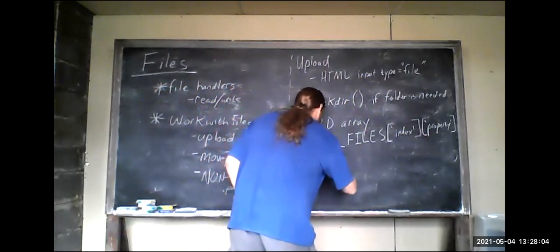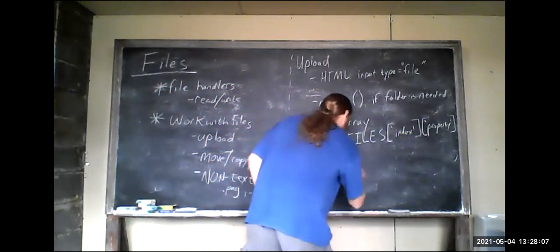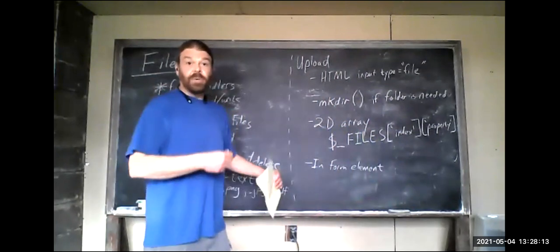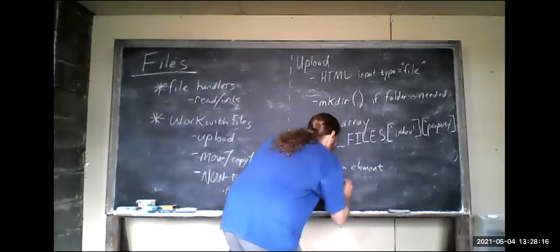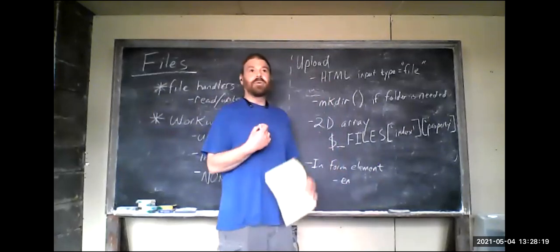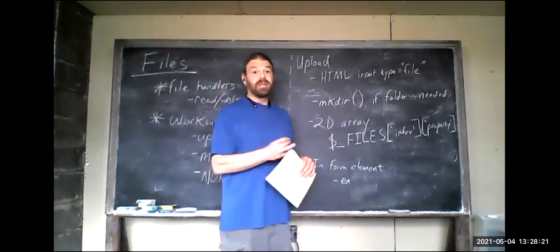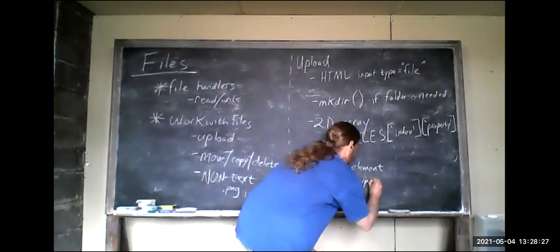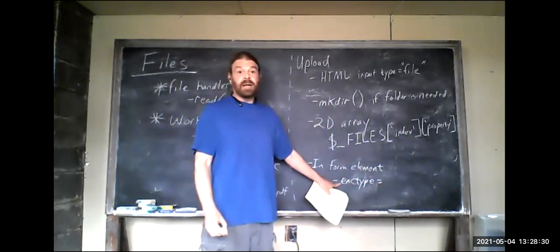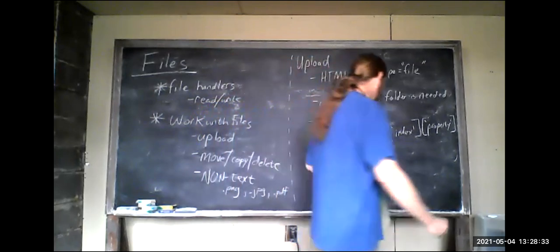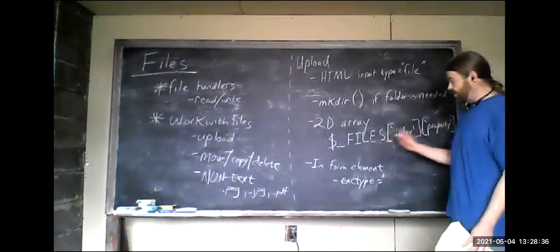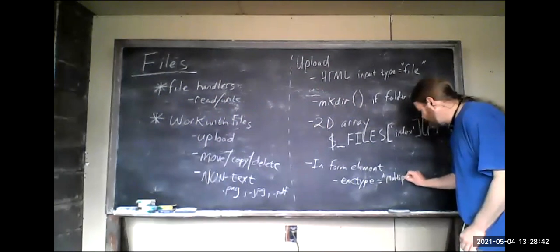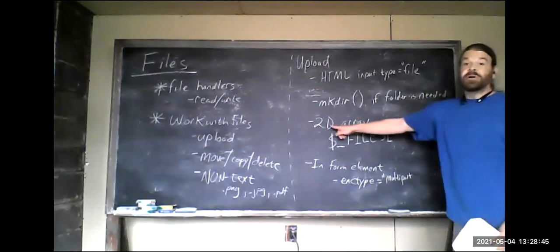So in the form element, in the opening tag of the form, we have to add the attribute enctype, which is short for encoding type. How are we encoding the data we're sending with this form? If we're using files as a table, it's always multipart, a 2D array, multiple parts.